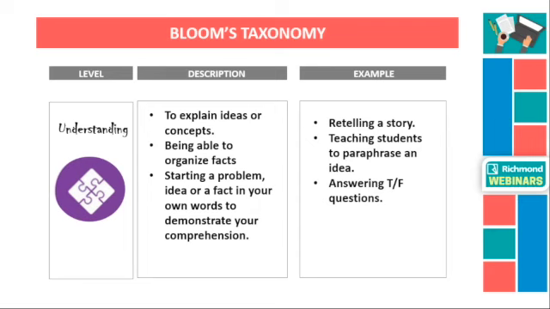So here we can ask the students to discuss a problem or an idea in their own words. They can retell a story. We prove understanding probably by paraphrasing an idea, like what you read, what you listened to. Now give me the same idea, but in your own words. So they're paraphrasing because there's understanding. They're answering true and false questions, okay?